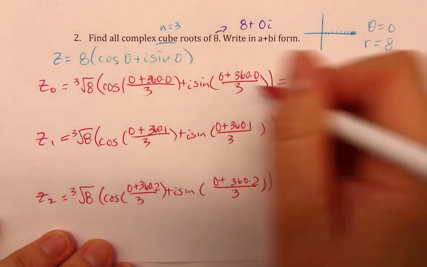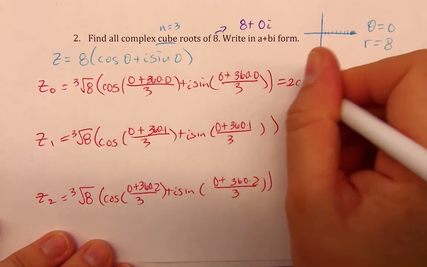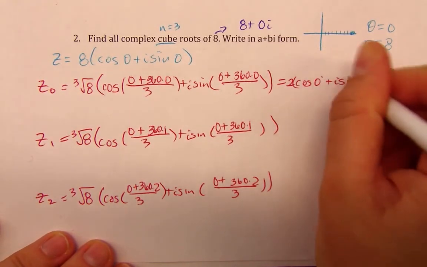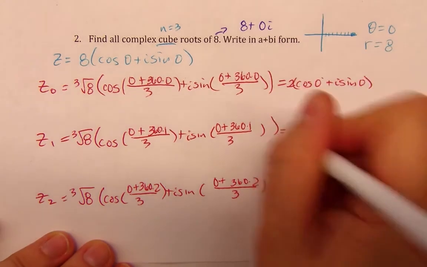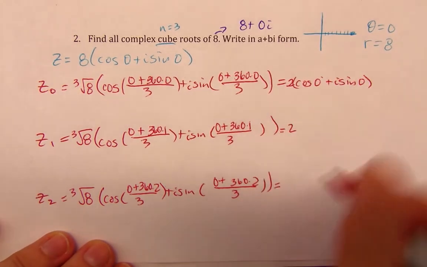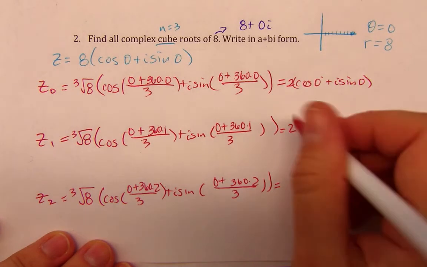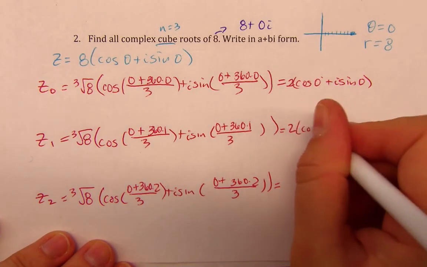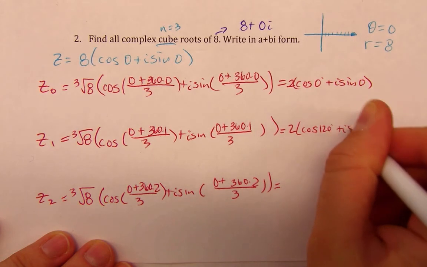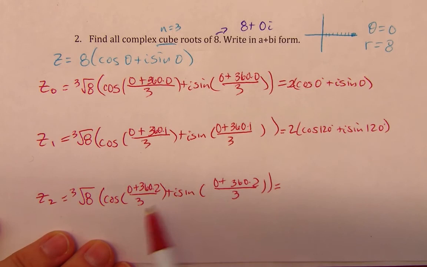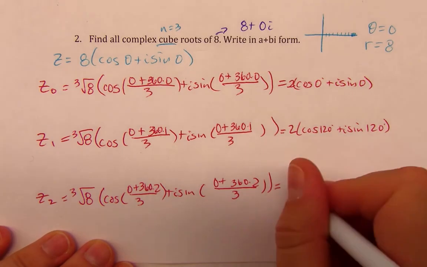So we have cube root of 8 is 2 cosine 0 plus I sine 0. And here we have 2, and 360 times 1 is 360, divided by 3 is 120. And then here 360 times 2 is 720, divided by 3. It's going to give us 240.